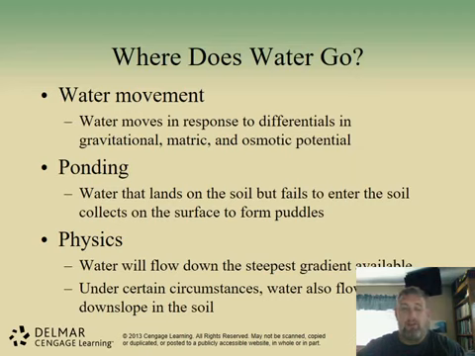And then we also have the physics of where water will go. This goes all the way back to the beginning of the lecture, when water will want to go through the easiest way possible, and it's going to flow through the bigger channels, bigger pore spaces, and then will flow through the smaller pore spaces once all the bigger ones are being utilized.